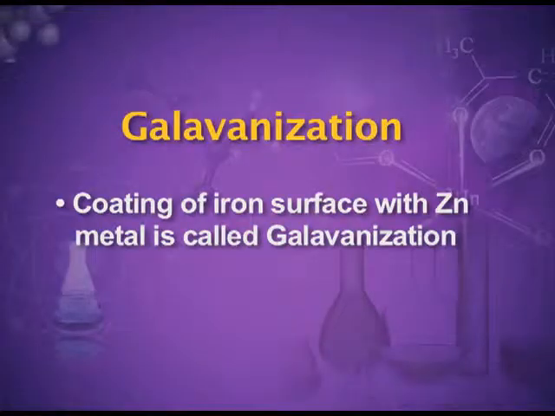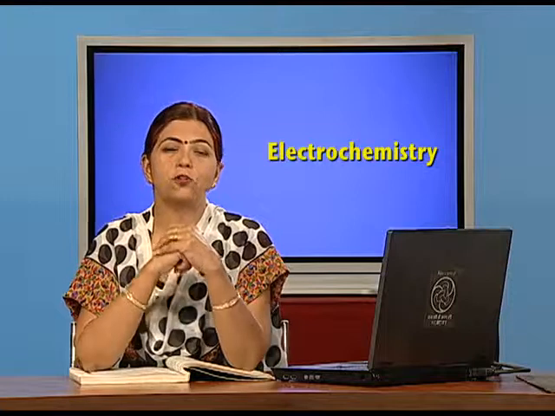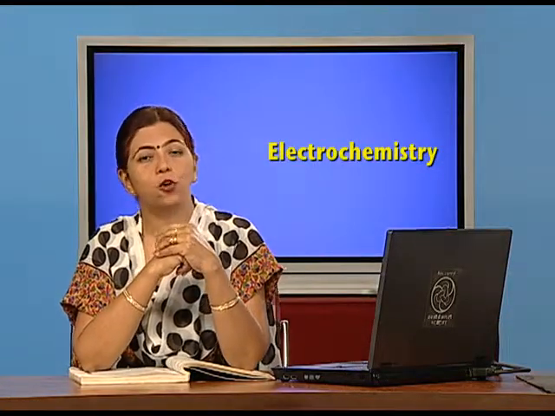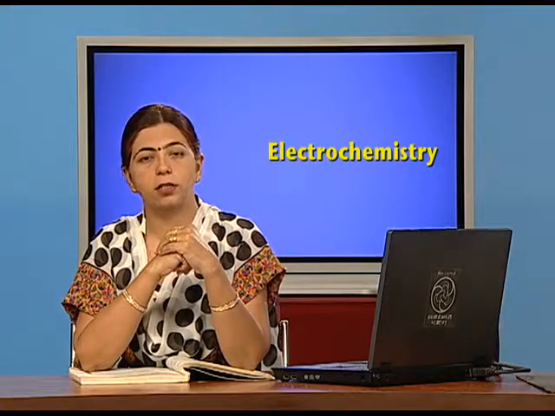Either we can coat the iron article with that metal. For example, coating of the iron article with zinc is known as galvanization. So, in place of the iron, that reactive metal loses electrons and gets oxidized, and the iron article is saved. This is also known as sacrificial protection. We can also use another metal like tin.